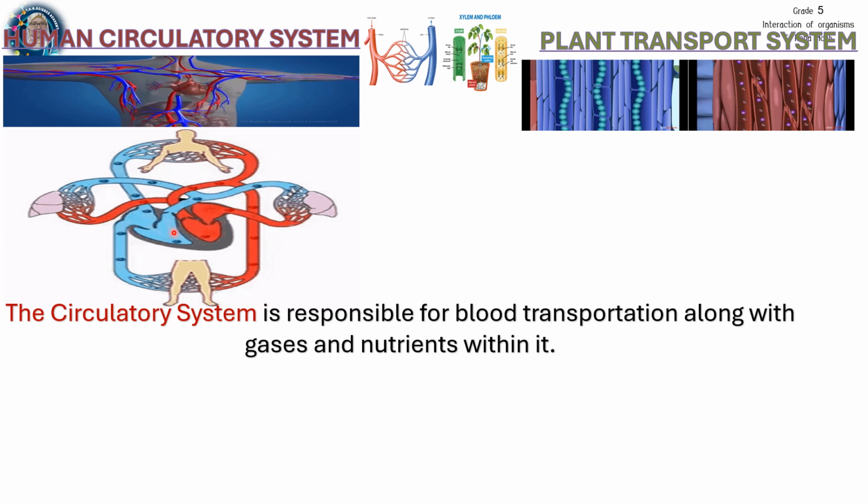And the blue blood that's coming from the body with carbon dioxide and toxic materials or waste that's going to the heart. تمام؟ The circulatory system is responsible for blood transportation along with gases and nutrients within it. Blood with gas and nutrients. تمام؟ تمام.